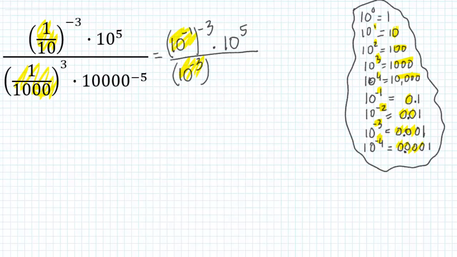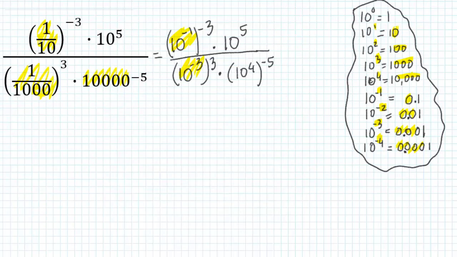Now we have 1/1000 to the third power, so I'm going to put third power here. And finally we have 10,000, which is 1, 2, 3, 4 zeros. So that's going to be 10 to the fourth. This part right here is 10 to the fourth, but then it's raised to the negative 5.